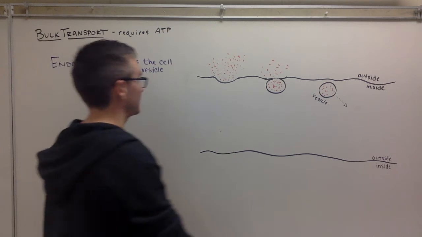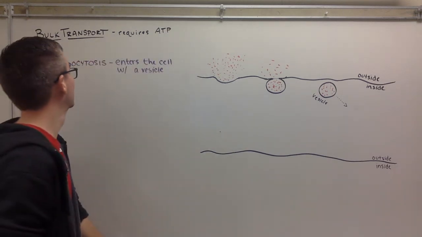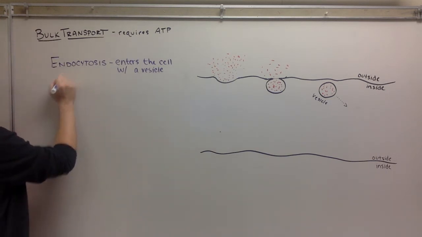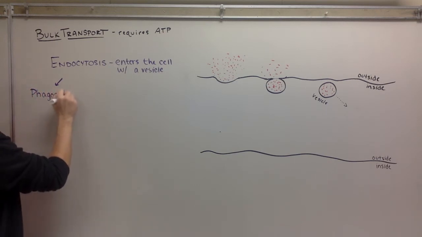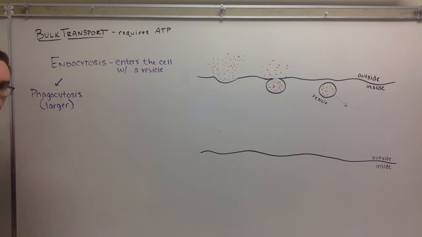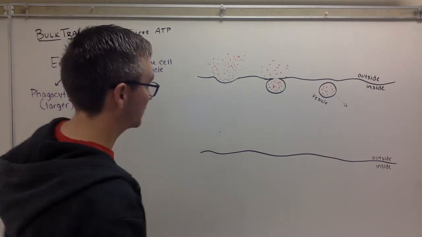Now there are actually two different types of endocytosis, depending on what you're bringing in. There's phagocytosis, which is what we do with larger molecules, also known as cell eating, because it's like eating larger pieces of food. Unicellular organisms like amoeba eat their food this way.